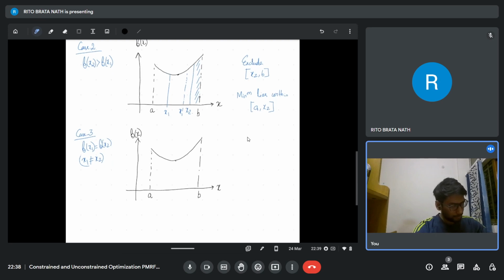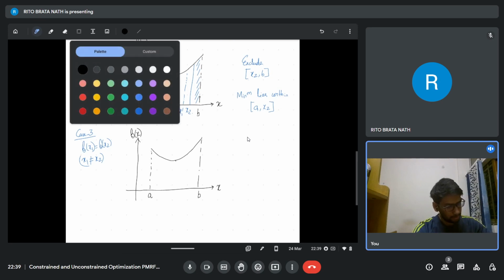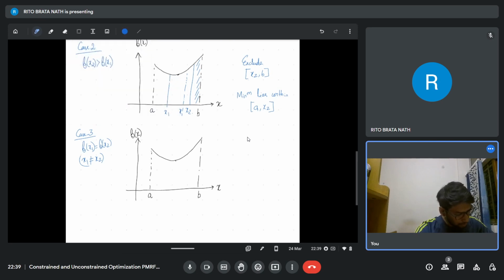Now you have to pick 2 points and then guess that it will be on two sides of this minima, right? So if you're picking your x1 here, your x2 will be somewhere here and both are equal. In this case, what you can do, you can exclude this one because you know that it will have an increasing trend from here onwards, and you know the decreasing trend, and from here you will have an increasing trend.